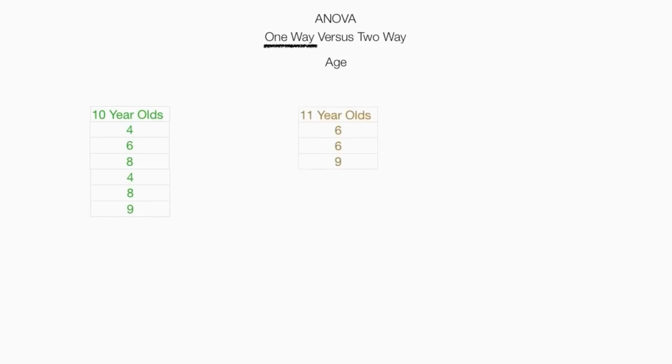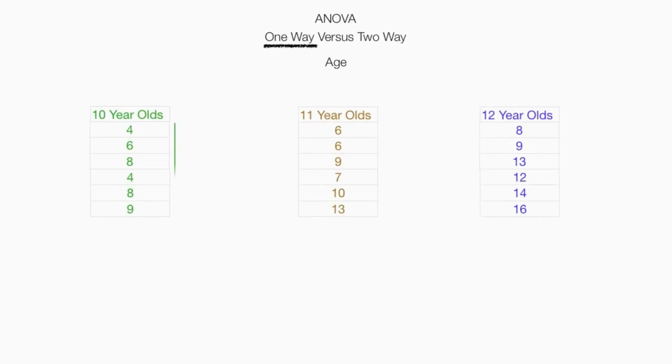If I was going to analyze this same data with a one-way ANOVA, let's say I just looked at test score variation by age. So I have my 10-year-old group, my 11-year-old group, and my 12-year-old group.